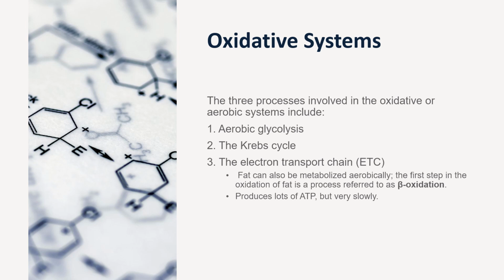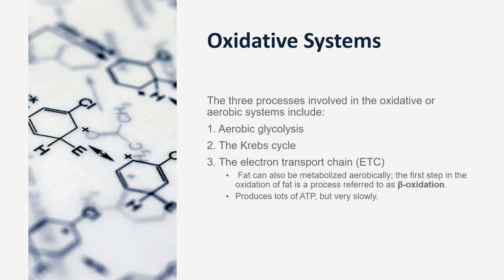Now, the citric acid cycle, again known as the Krebs cycle or tricarboxylic acid cycle, or TCA, is a series of chemical reactions that occur in the mitochondria. It is the central pathway of aerobic metabolism and serves as a bridge between glycolysis and the electron transport chain.